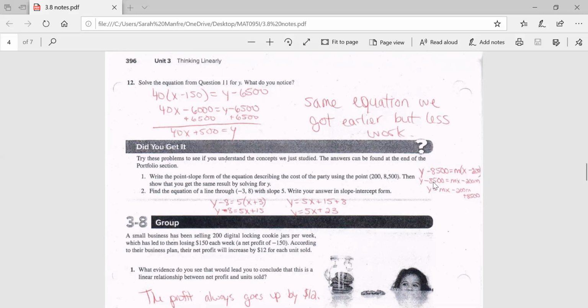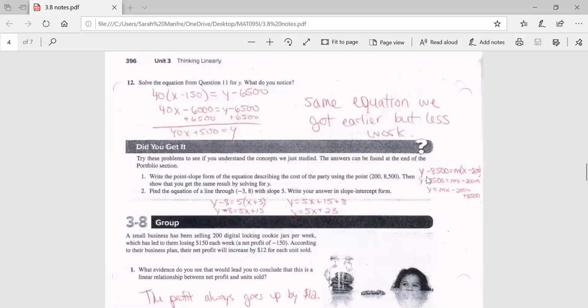And we get y minus 8,500 equals mx minus 200m. And I'm just realizing here, I think they wanted me to use the 40 from earlier. So you would put a 40 here and then distribute the 40 in. I didn't really do that one very well. So you should get the same equation that we got in number 12, y equals 40x plus 500.